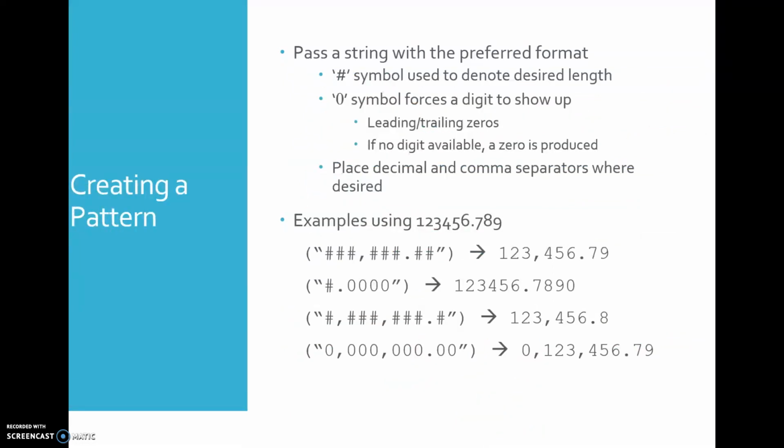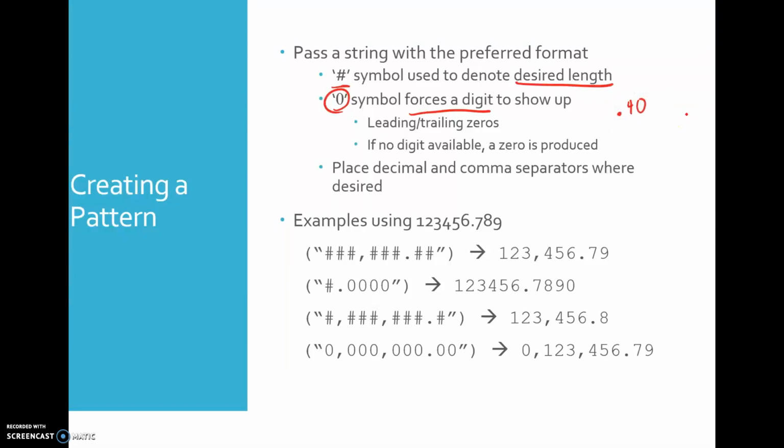Alright, so this string is going to be a series of pound signs and zeros. We use a pound sign to show the length that we want, and then we use a 0 to force a digit to show up. So this is necessary when sometimes we want to have that 0 show in front of the decimal point. So let's say, for example, the number was 40 cents.